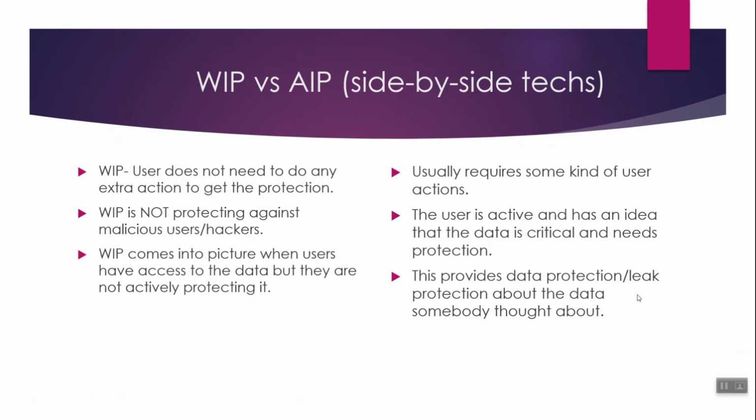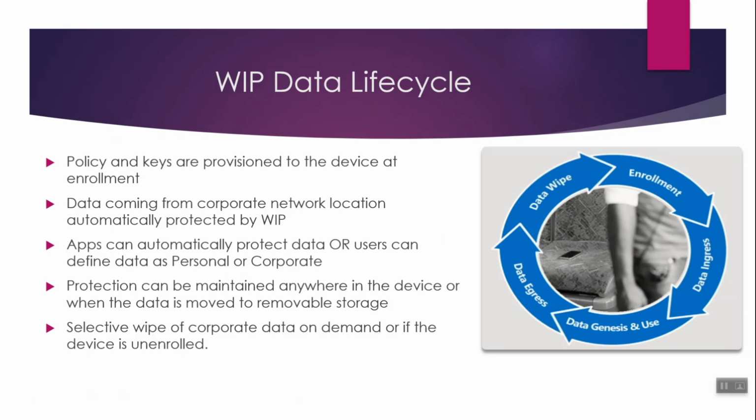So what I'm getting at here, guys, is that the best way of understanding WIP and AIP without getting confused is that AIP and WIP would work together, and depending upon what the admin is trying to achieve, we can set the WIP policies.